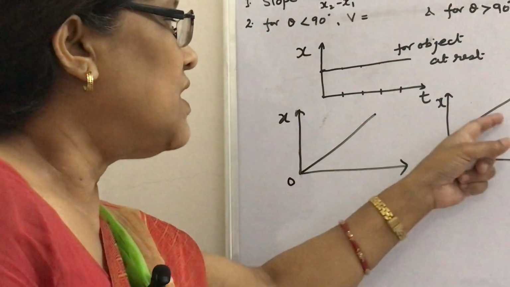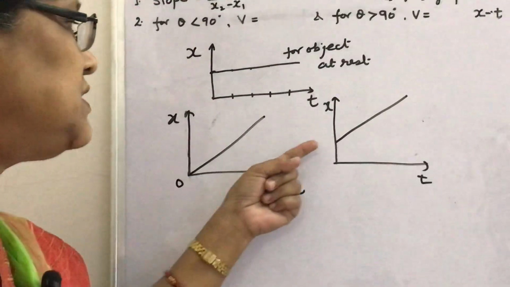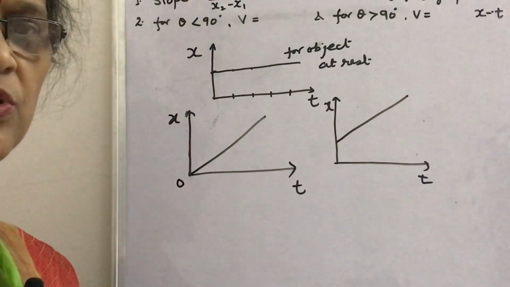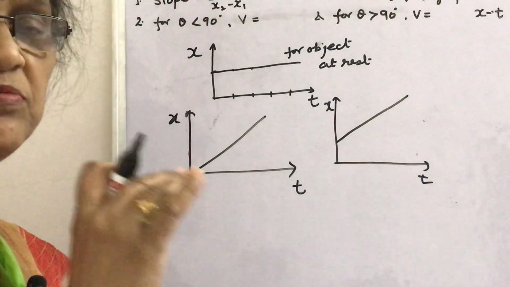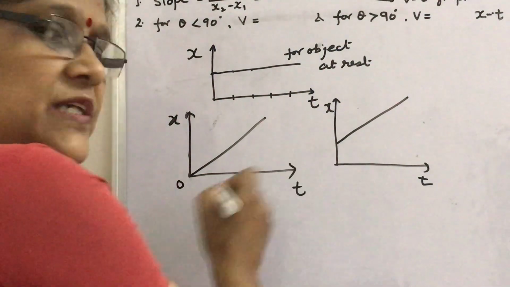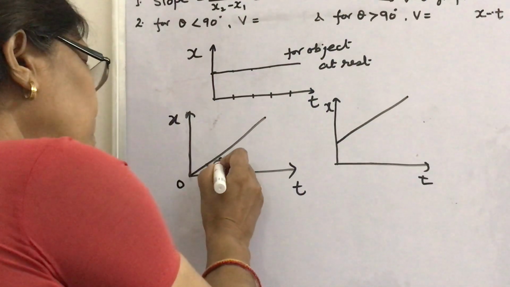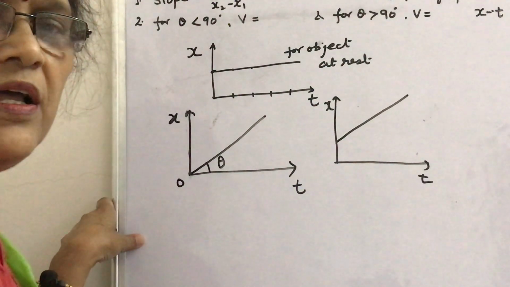Now, in these two graphs the common point is that there is a constant slope. What is the meaning of slope? Learn that from the positive x axis direction, whatever is the angle made by the graph, that is theta.